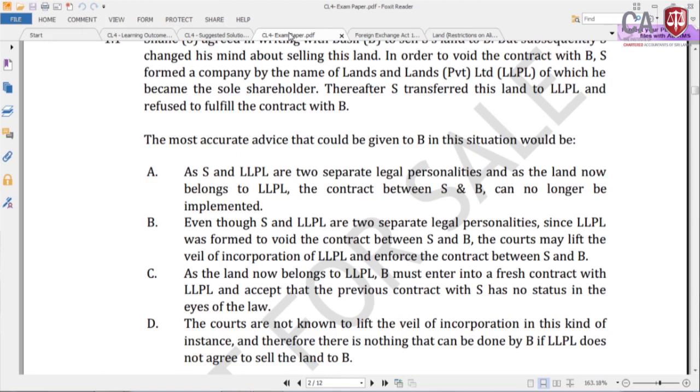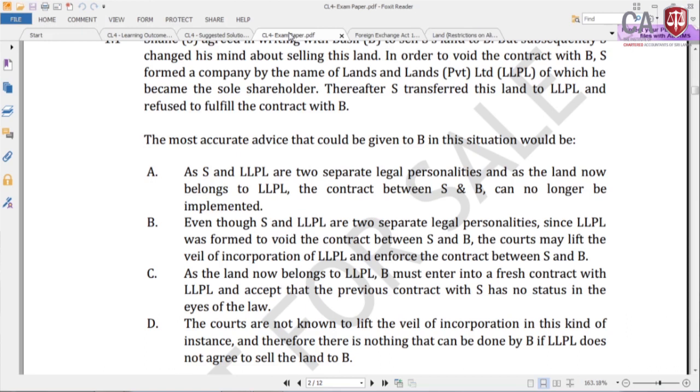So the court will not allow the LLPL to be a victim in such a situation. In such a case, this is a huge, massive type of fraud that would have taken place. So the court, looking at the gravity of the matter, will definitely lift the corporate veil to find out who is the culprit here.